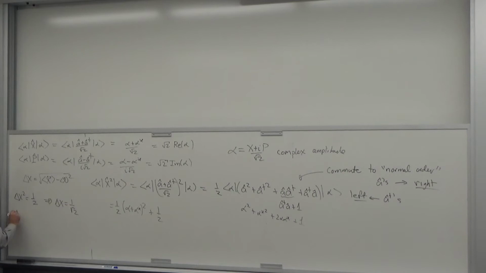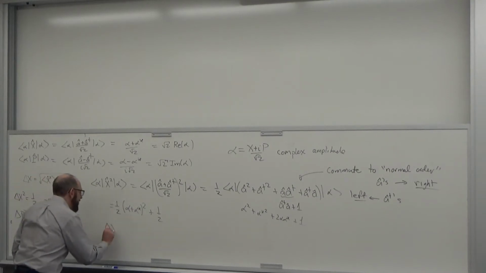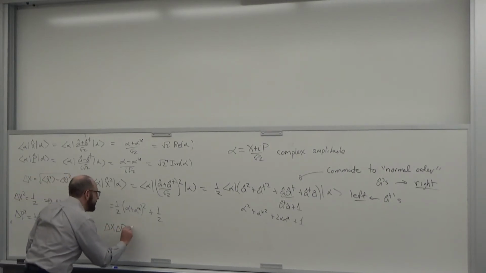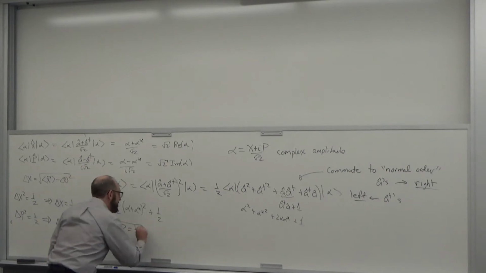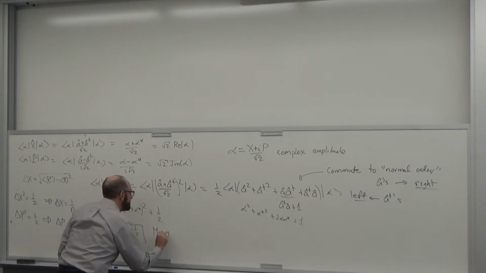And similarly, you can go through exactly the same calculation and find that this is true for p. And, of course, then delta x times delta p is equal to a half. And this is minimal.